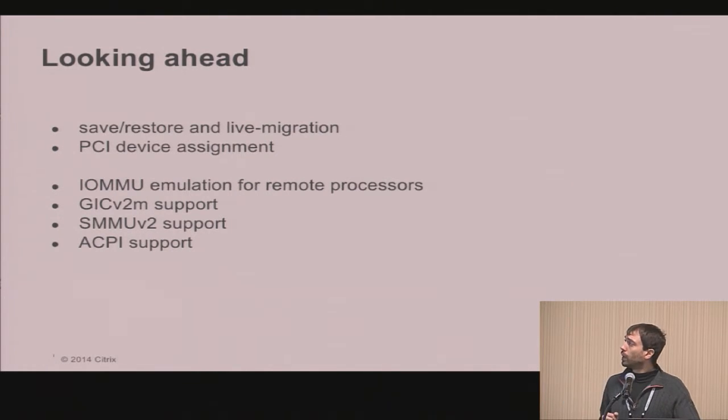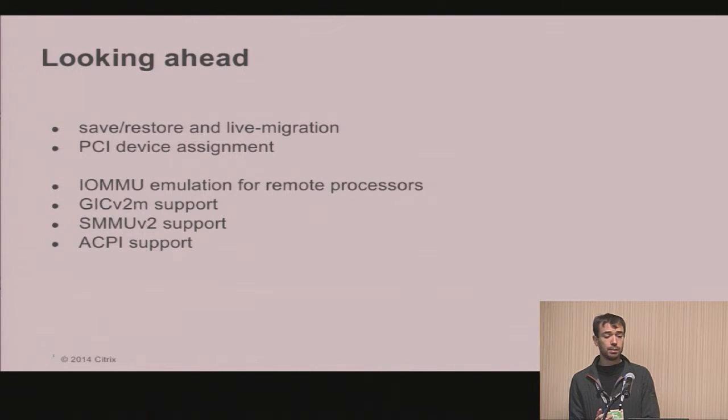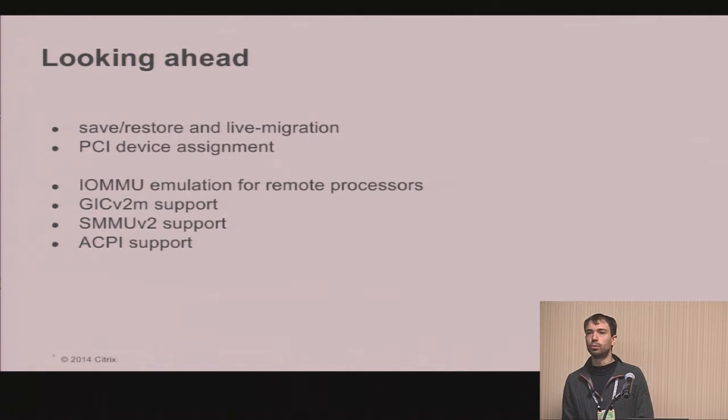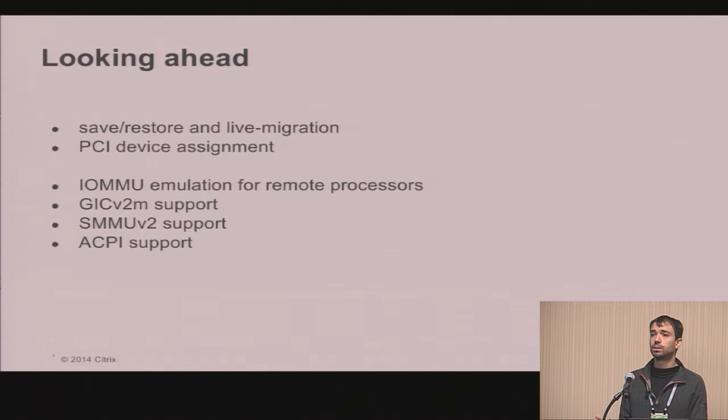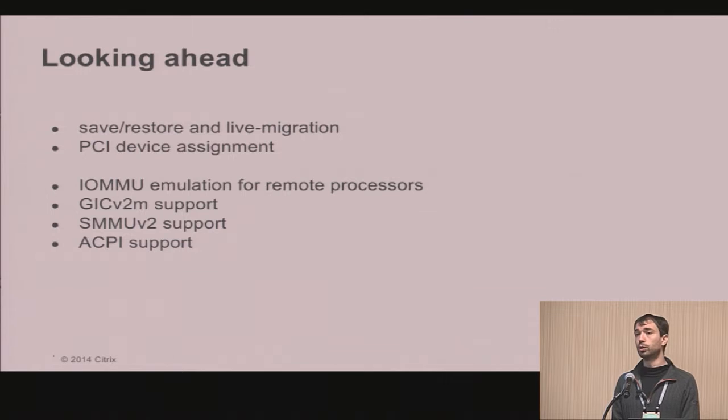The other 4 work items are things I know people are working on, and I might have even seen patches, but they're not going to make 4.5. So, IOMMU emulation for remote processors. This is a bit complex. Let's suppose you have a platform with 1 or more accelerators, like a crypto engine. Let's call these accelerators remote processors.